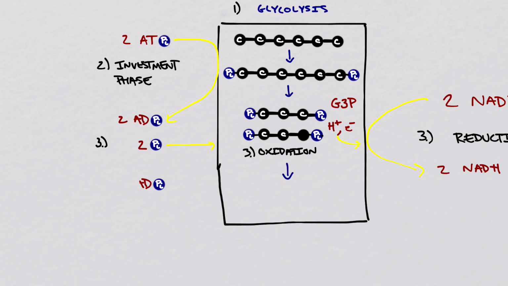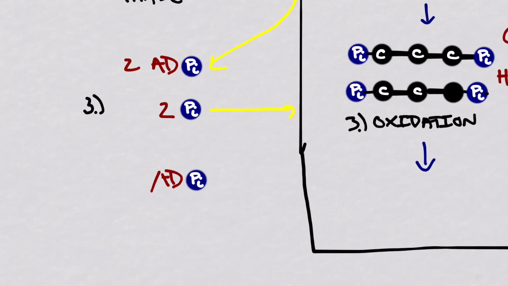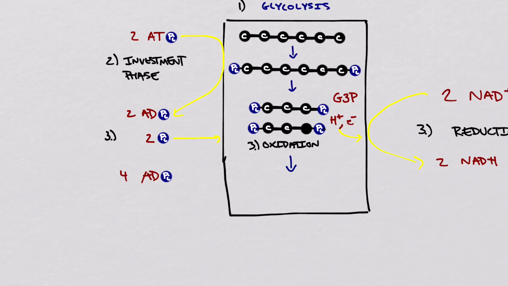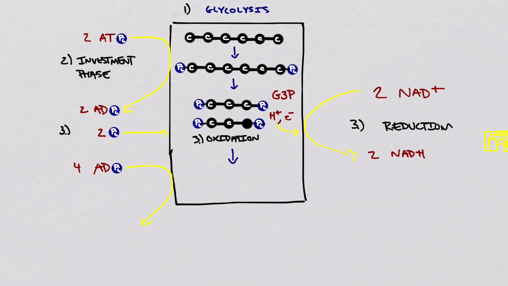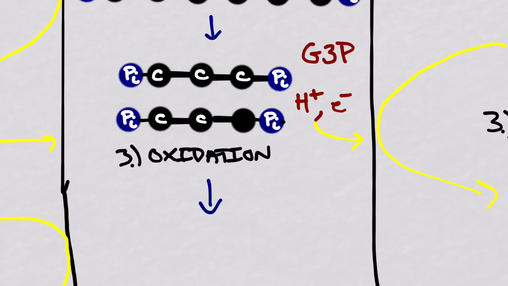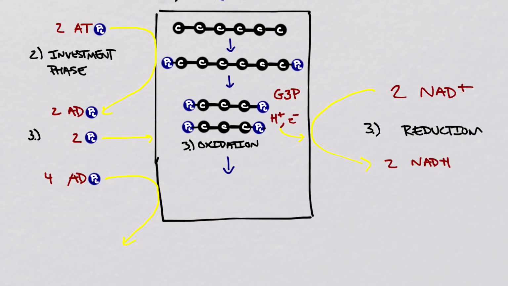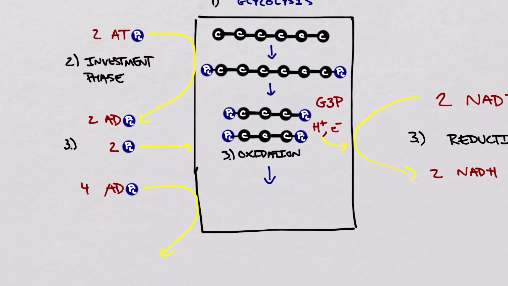We're going to take 4 ADP, 4 of these guys, and throw them into our reaction and strip away the phosphate groups on either side of our G3P and create more ATP.